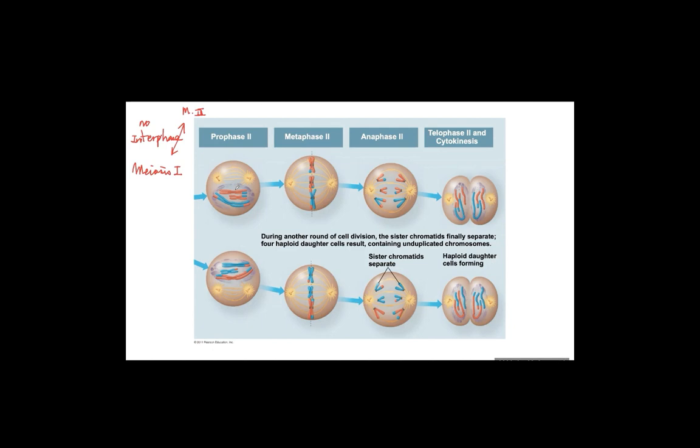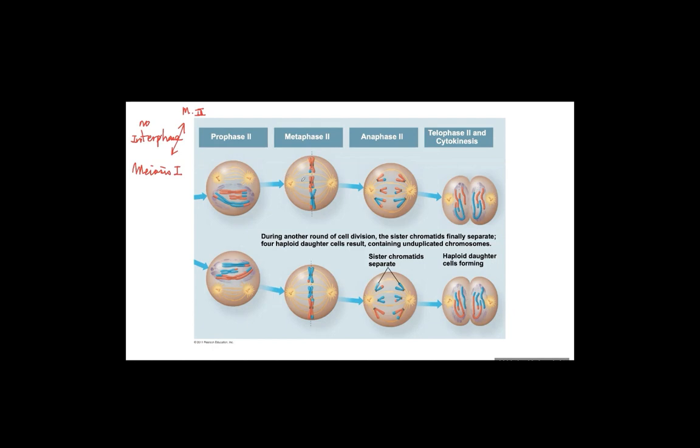Homologous pairs separate during meiosis 1, so you cannot see a pair of homologous chromosomes in the daughter cell during meiosis 2. They already separated, but you can see sister chromatids.